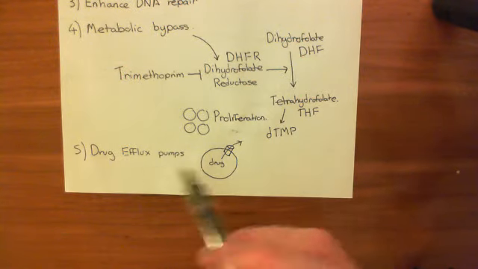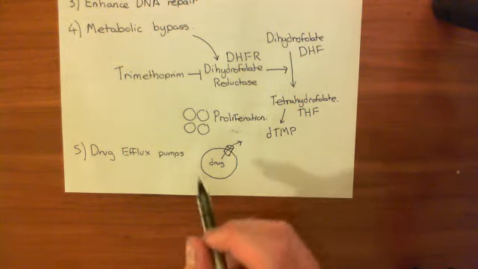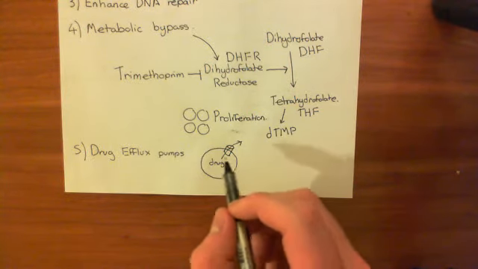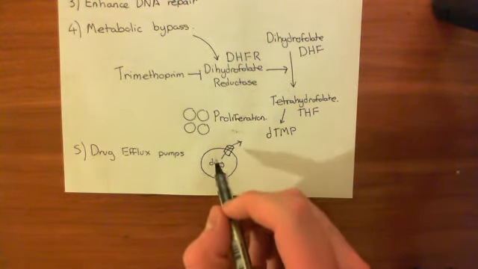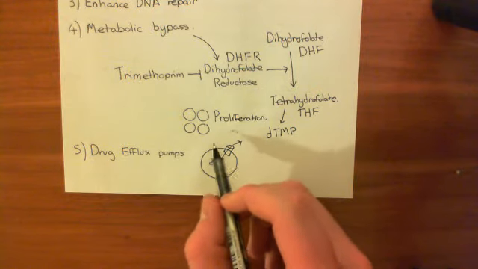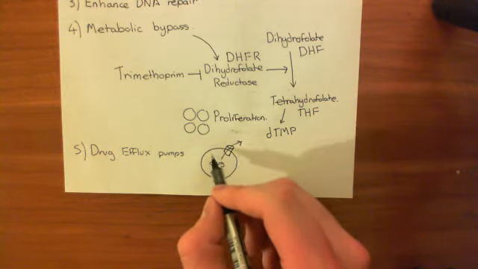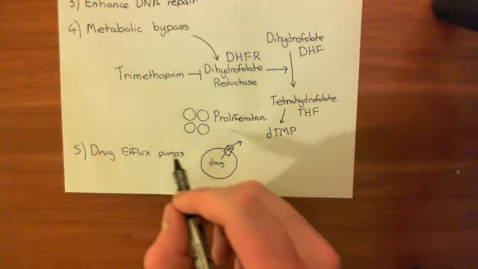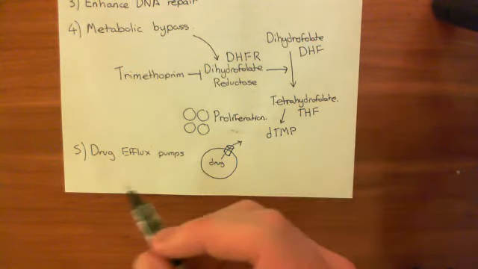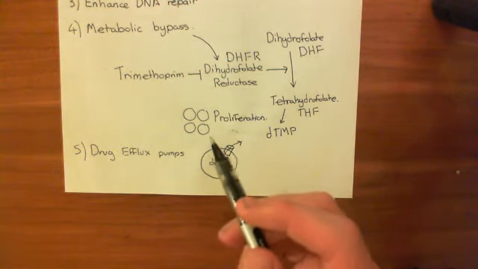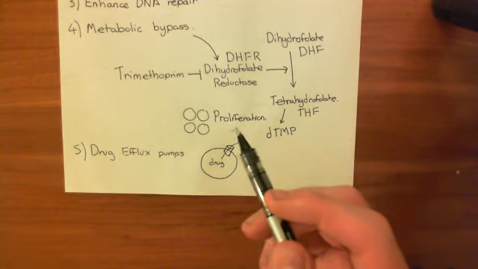Okay? Alternatively, you can employ mechanisms that just mean that the drug can never get in. So potentially the drug has a specific route by which it gets into the cell, which may well use some protein embedded in the cell membrane. And what the bacteria could do is modify that protein so that the drug is no longer able to use that route into the cell cytoplasm, basically.